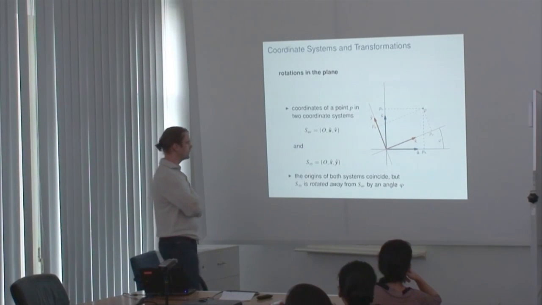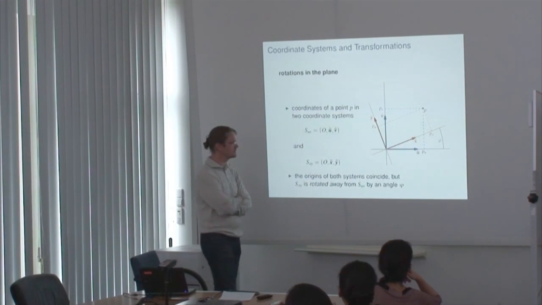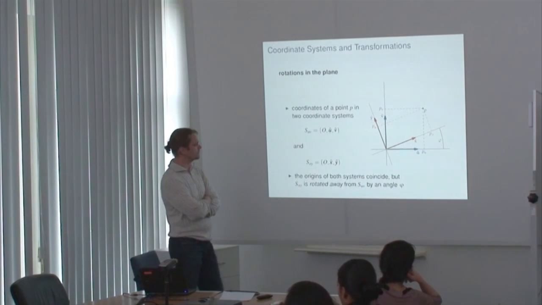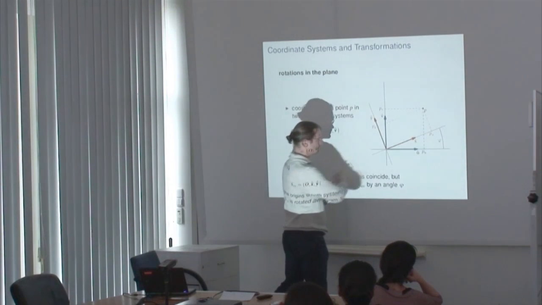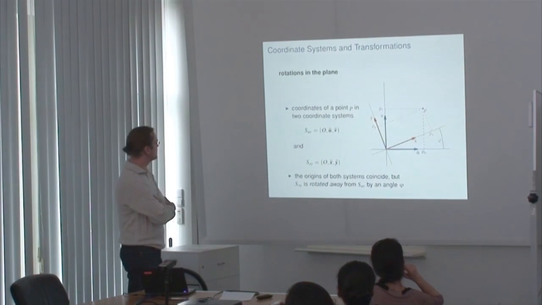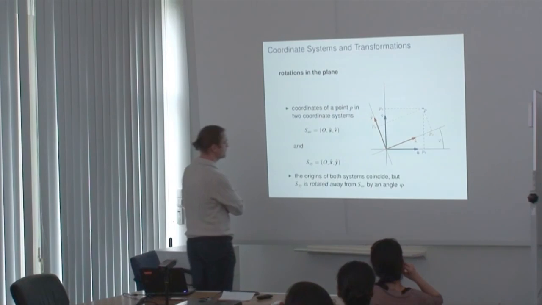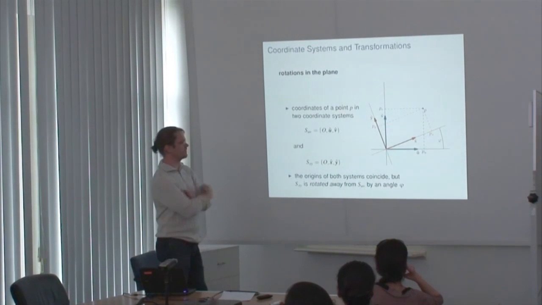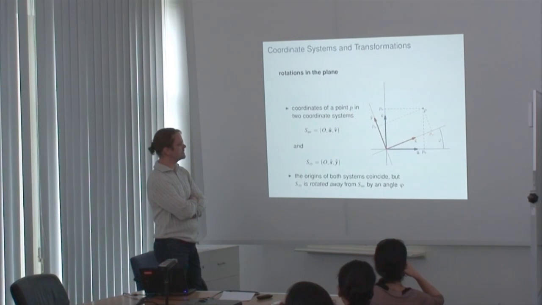So we're talking about a problem where we are given a point, P, and two coordinate systems, u hat, v hat, and x hat, y hat, where x hat, y hat is rotated away from u hat, v hat by an angle.